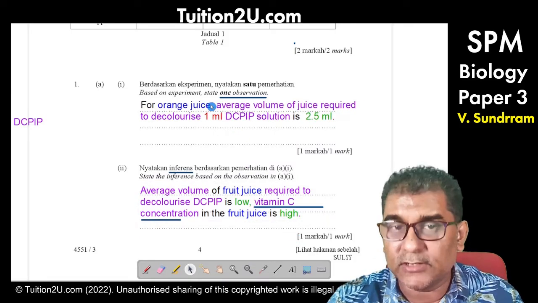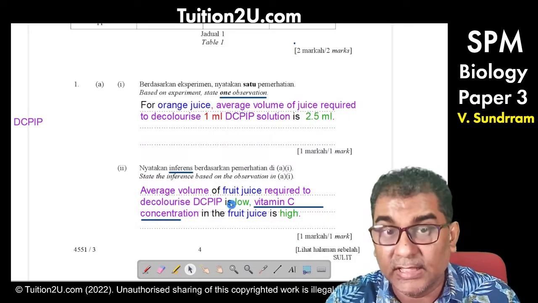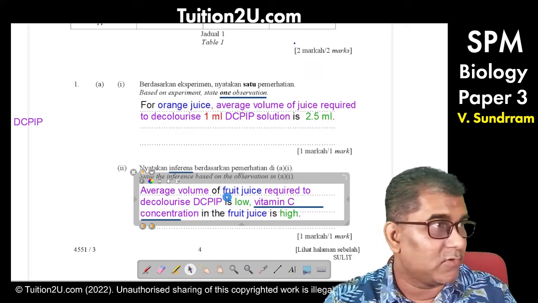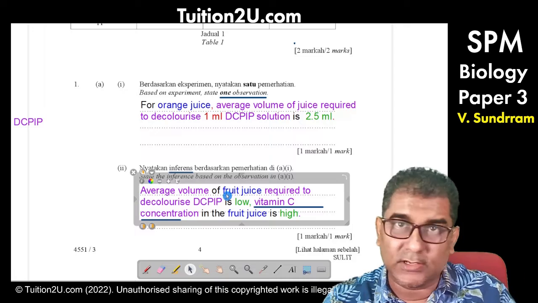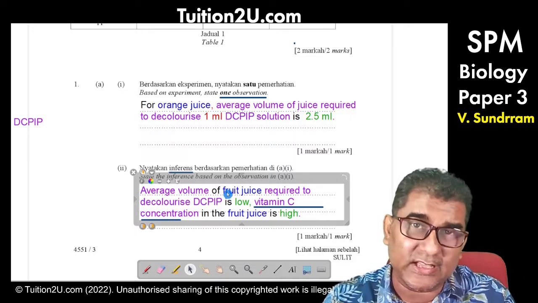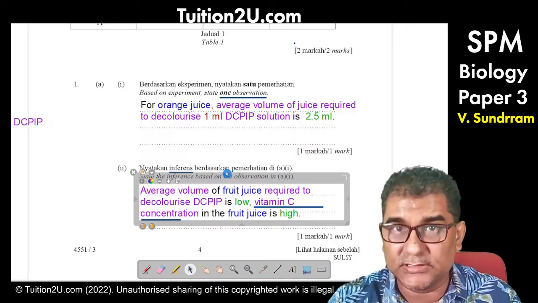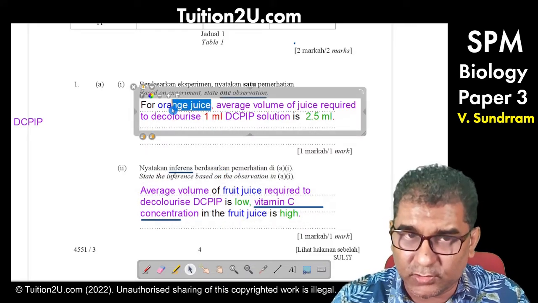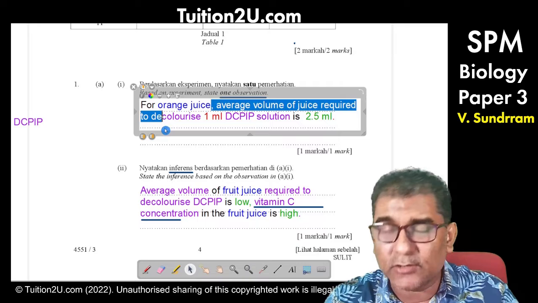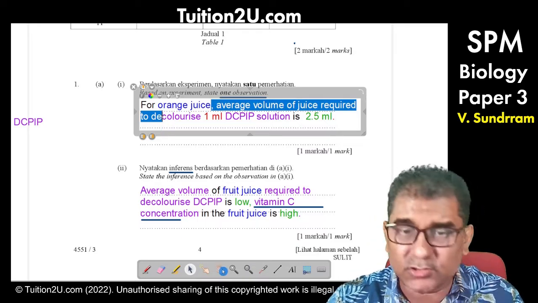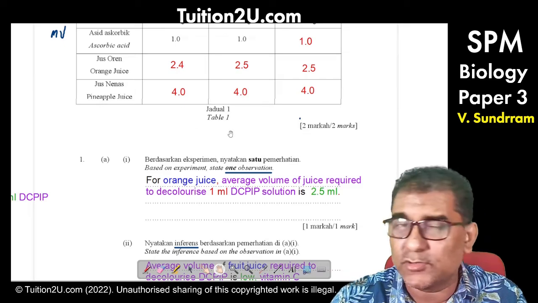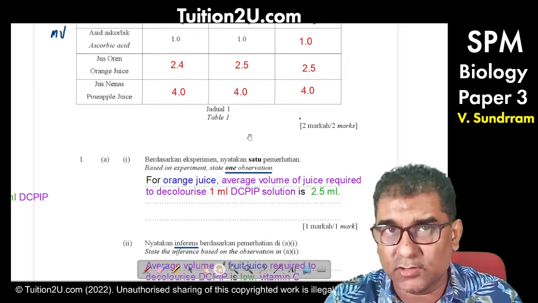Here you just write what you see, the observation. Here you explain what you see. Oh, compared to the pineapple, this one is low. Why is it low? Because it has more vitamin C. For example, you can also write, I chose here orange juice. You can also write pineapple juice. Your choice. Either one can. But if you have more than 2 data, choose the highest or the lowest.